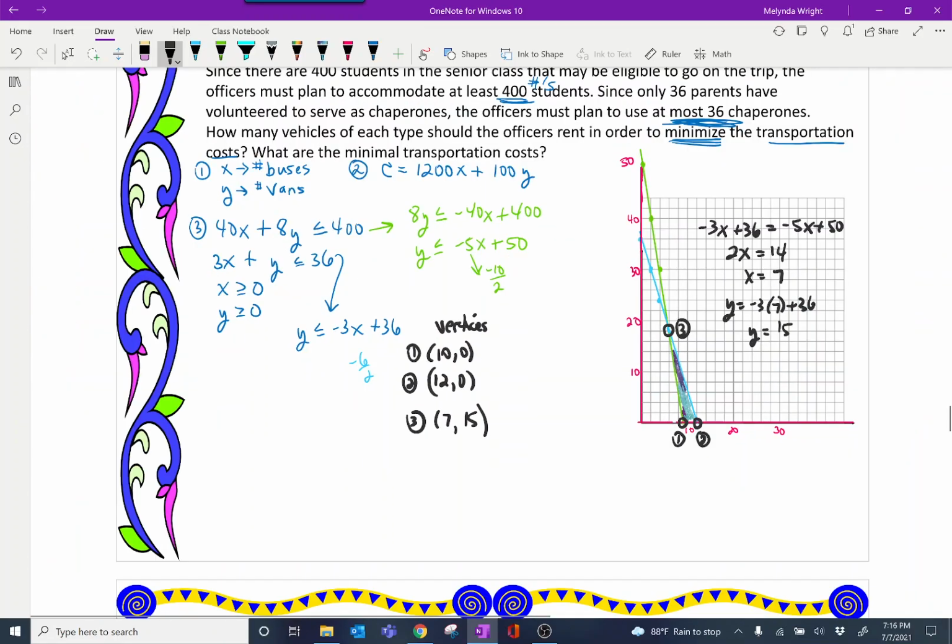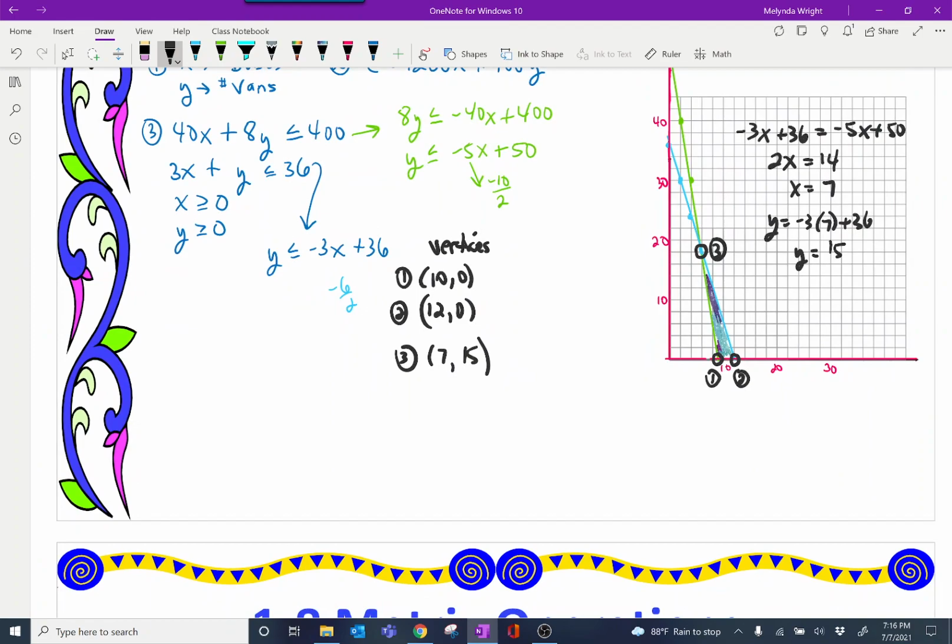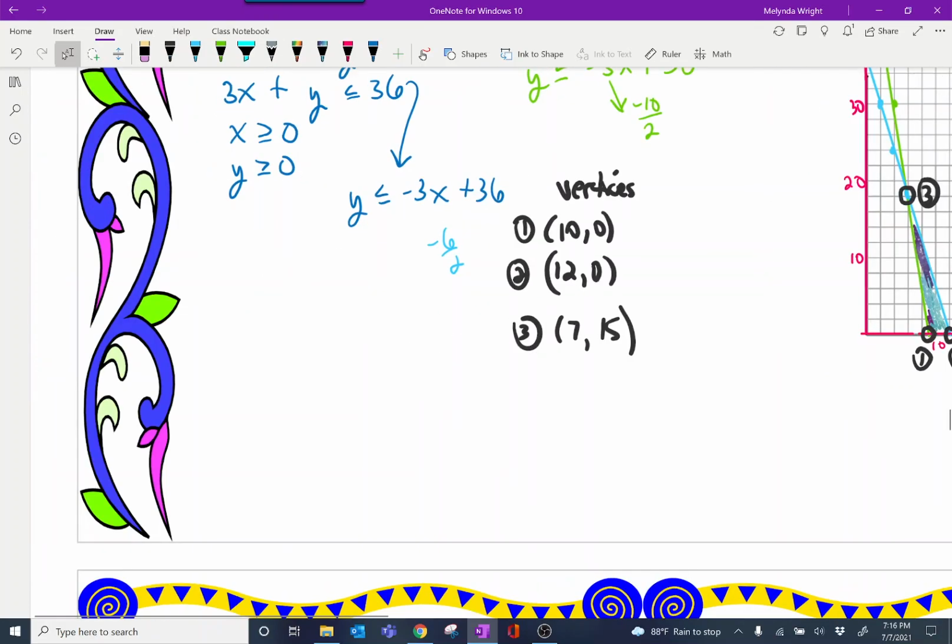Now you remember from the last example, our next step is just to plug those into the objective quantity. So let's do that. C of 10, 0 is going to be 1200 times 10 plus 100 times 0. And that would give us 12,000.